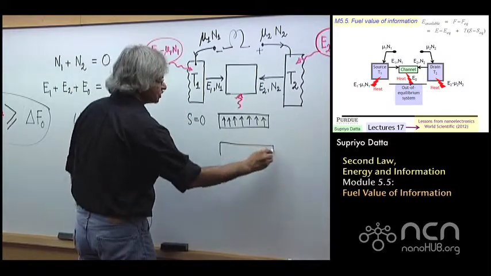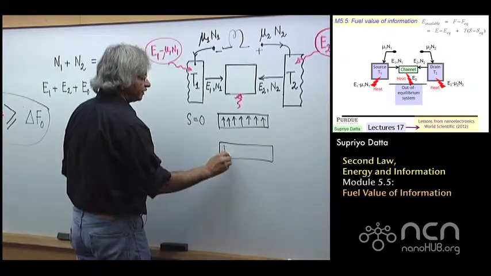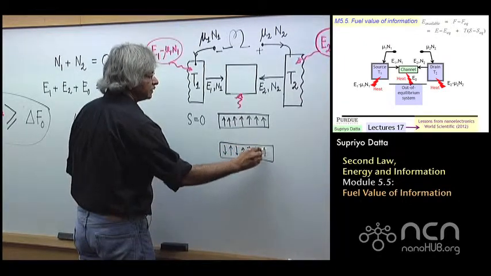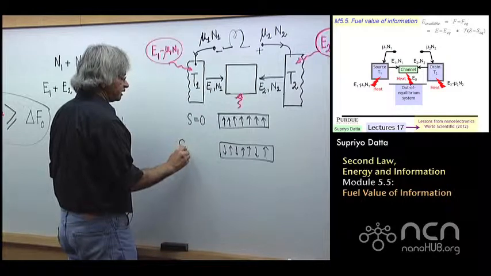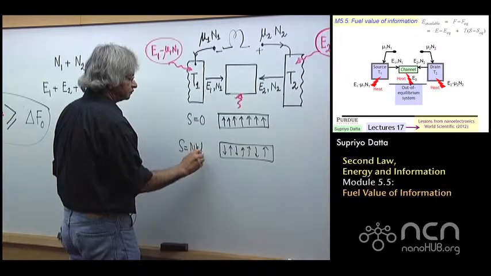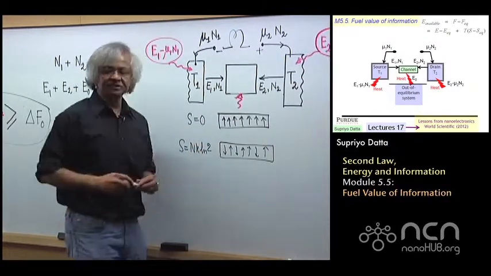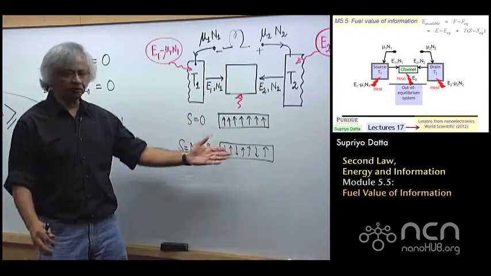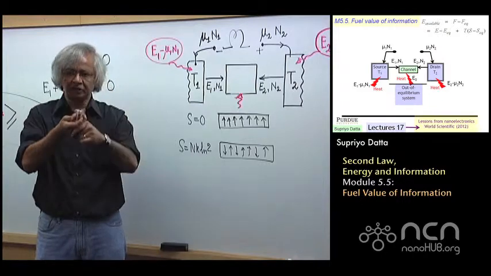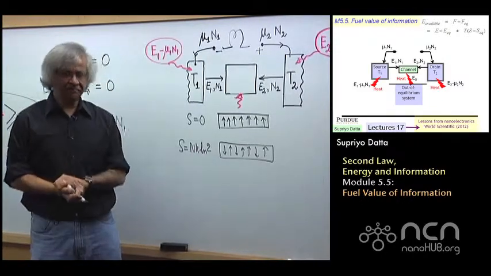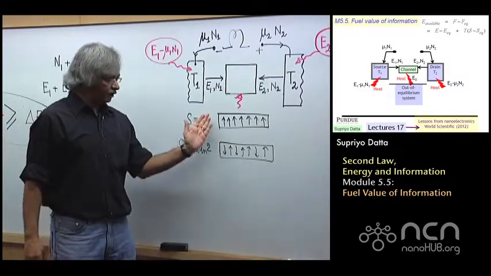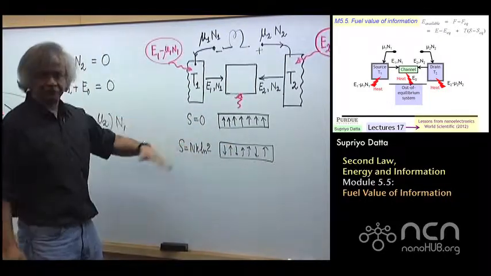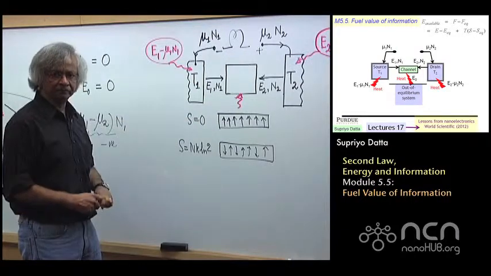And now if it goes to a situation when it is random, then as we agreed, the entropy is nk log 2. And we're assuming these are all non-interacting spins, so the energy hasn't changed at all. Whether the spin points up or down, energy is the same. Even whether they're all up or random doesn't matter. Energy is all the same. So there's no change in energy. So we could call that 0.